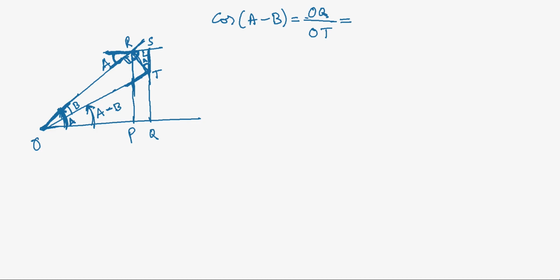See the geometry, the whole length OQ can be split into OP plus PQ. Very good. OP plus PQ divided by the same OT, right? Now this can be written as OP by OT plus PQ by OT.